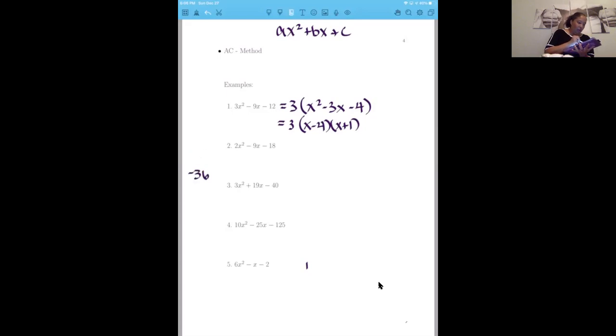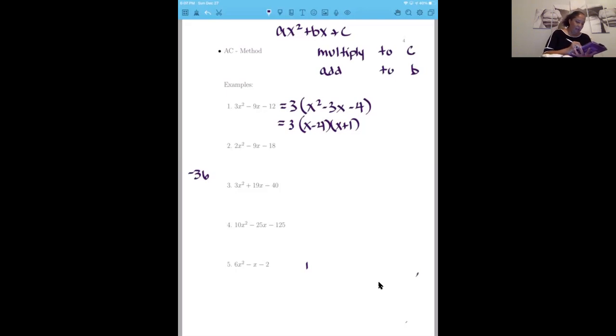So I want two numbers that multiply to give you c and add to give you b. In this instance, at the beginning, it looks a lot like it does when we don't have a coefficient in the front. But what we have to do is separate it into 4 terms. We're going to separate our b term into 2 terms.